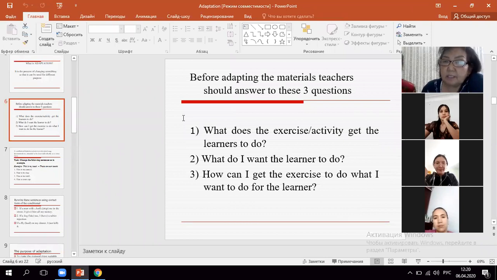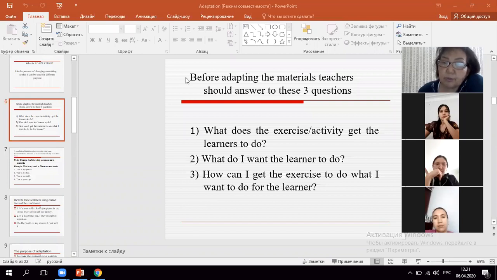adapting the materials, teachers should answer these three questions. The first question: what does this material, this exercise, this activity get the learners to do? For example, some exercise wants the learner just to pronounce the words, just paying attention to the pronunciation, yeah, or just to learn the structure.